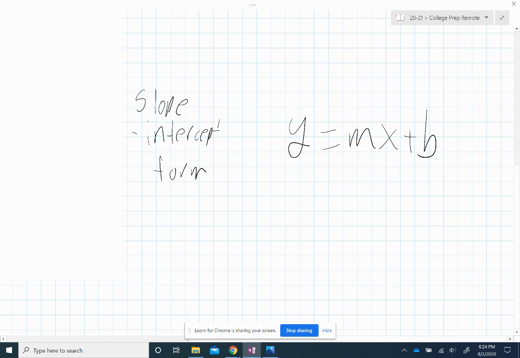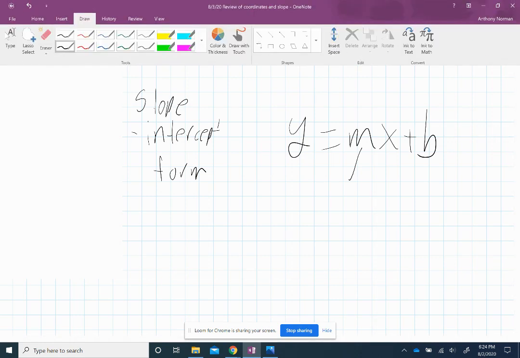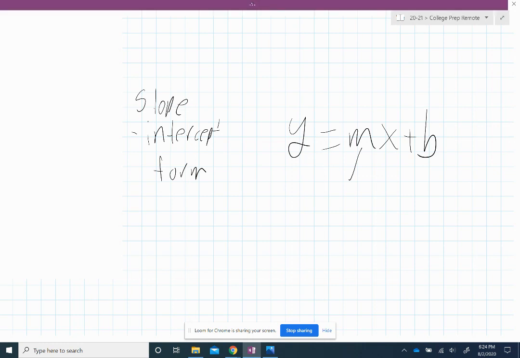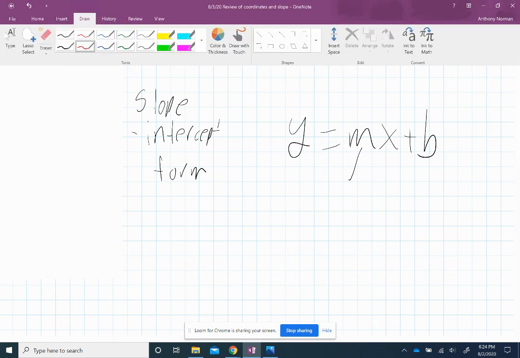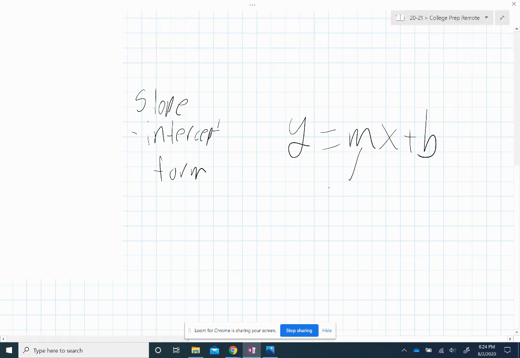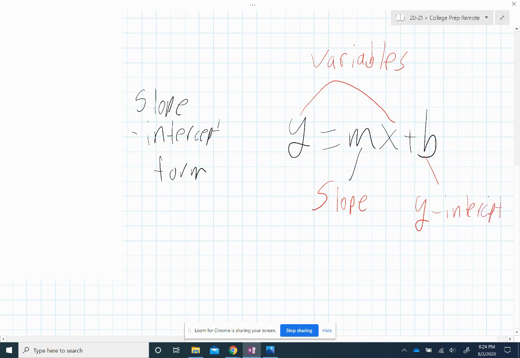Hopefully this is familiar to all of you. m is the slope. x and y are variables. And b is our y-intercept.